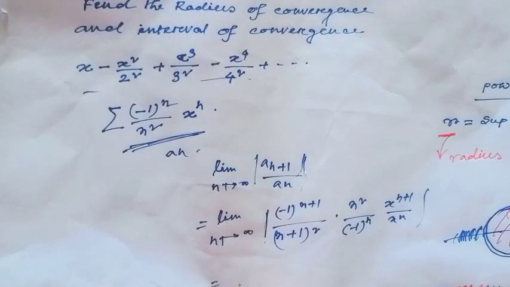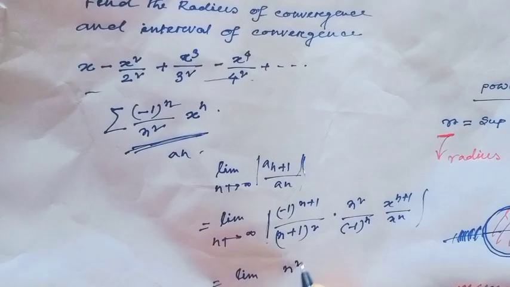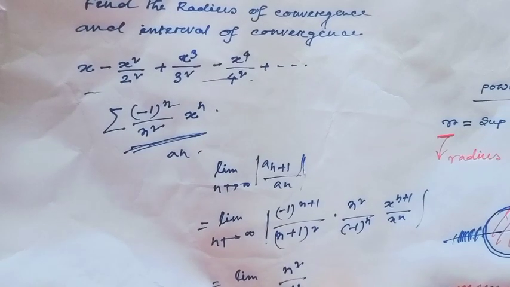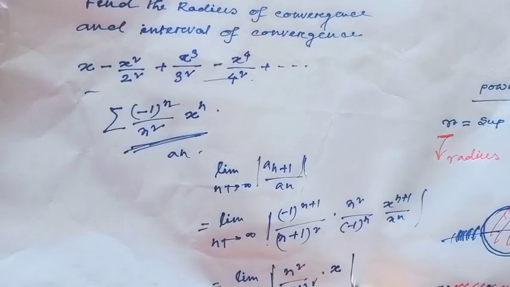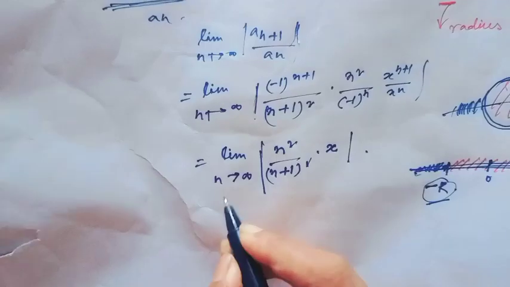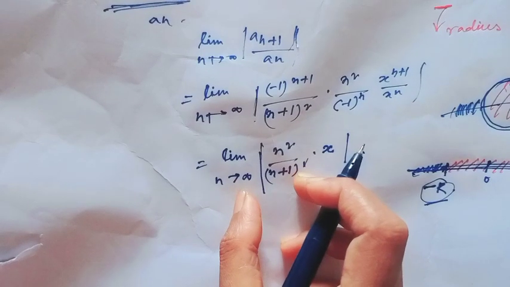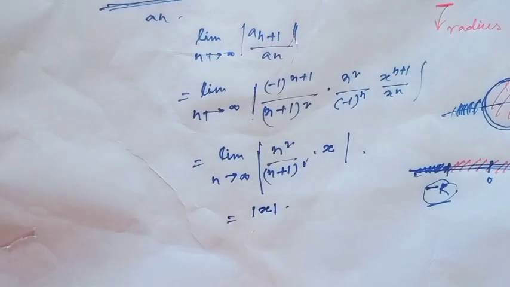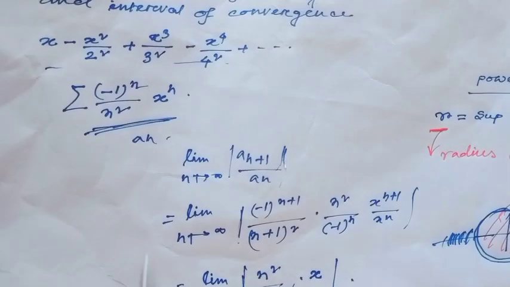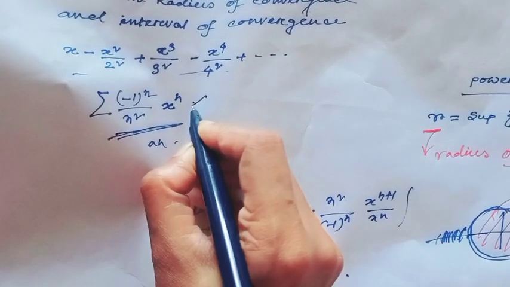This value would be limit n goes to infinity of n square over (n plus 1) whole square times x. And as limit n goes to infinity, this ratio goes to 1. Therefore, this value is mod x. And we all know that since this is a power series, it converges when this value is less than 1.